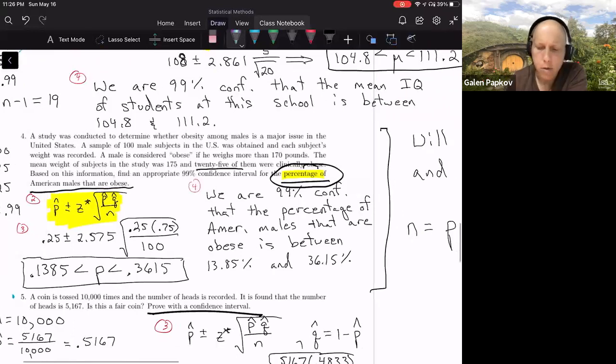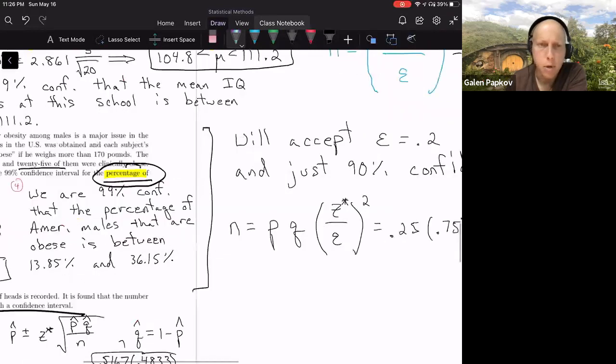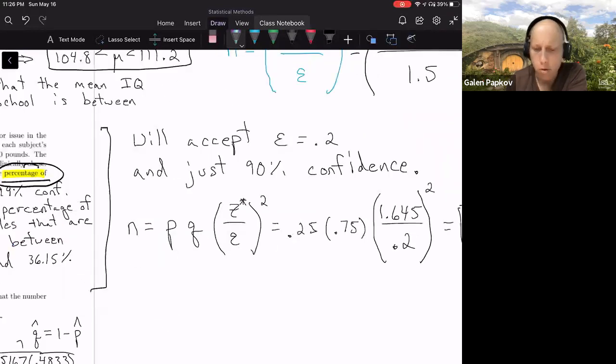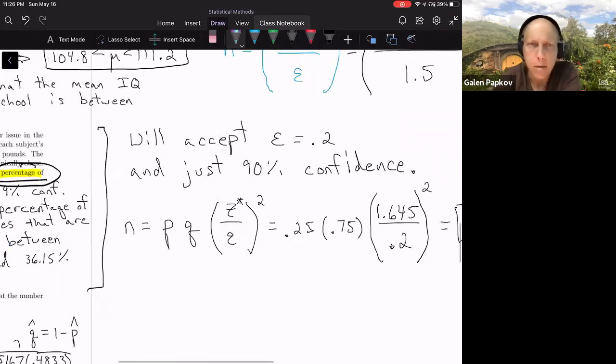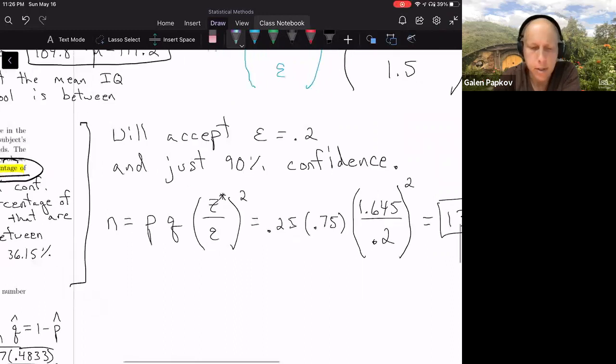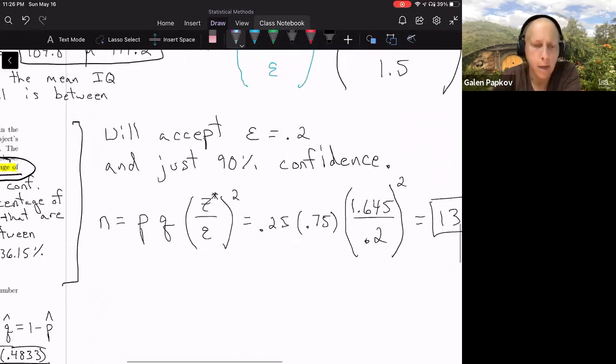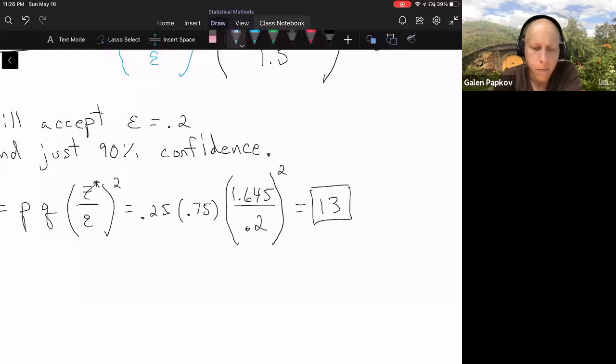So P hat's 0.25, Q is 0.75. Remember, you can remove the hats there. For 90% confidence, the Z star changes to 1.645. That's on top. The desired error is 0.2. Calculate this through and you should get 13. And so N is just 13 in order to achieve this maximum amount of error, and with just 90% confidence.